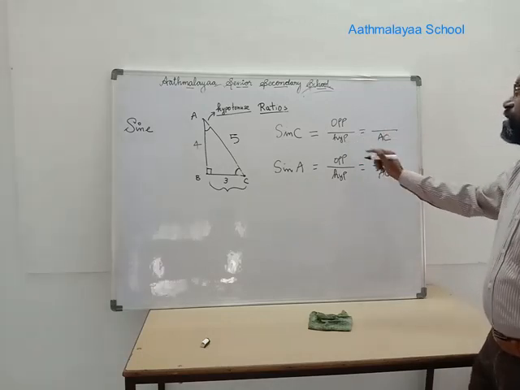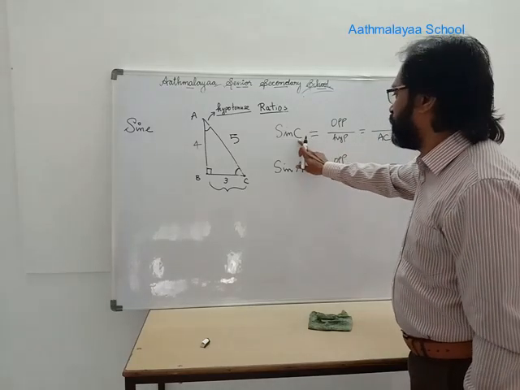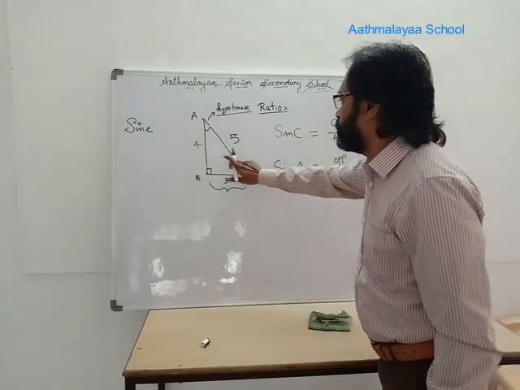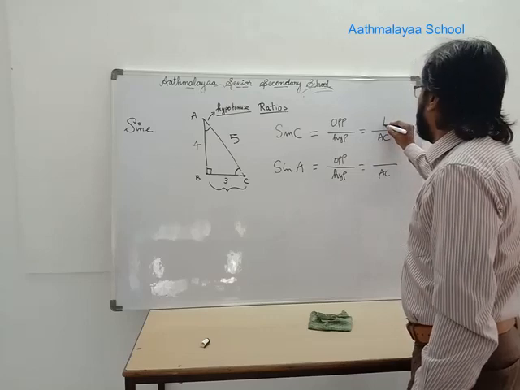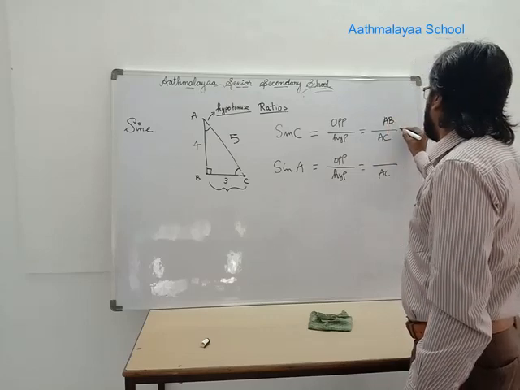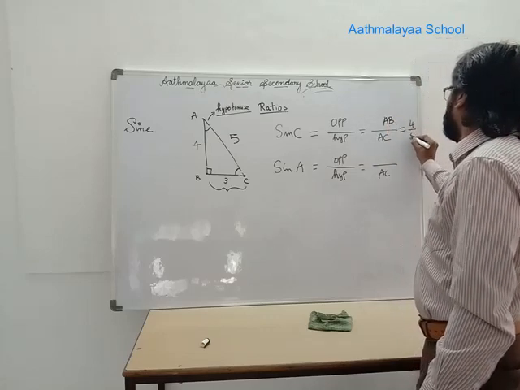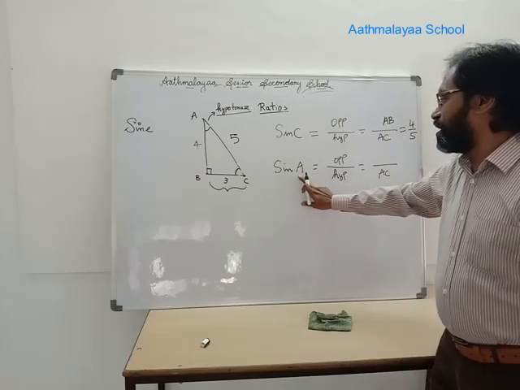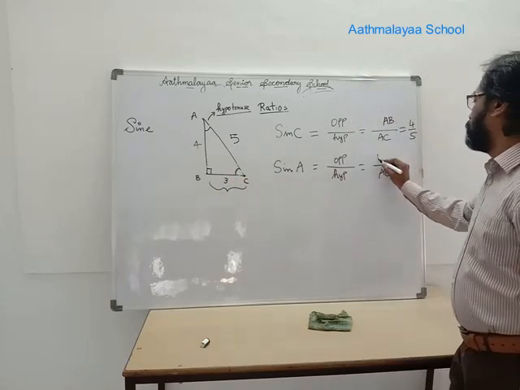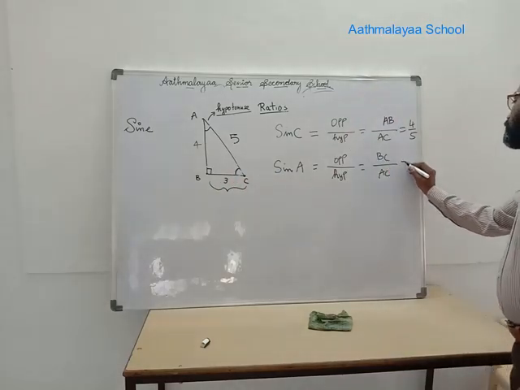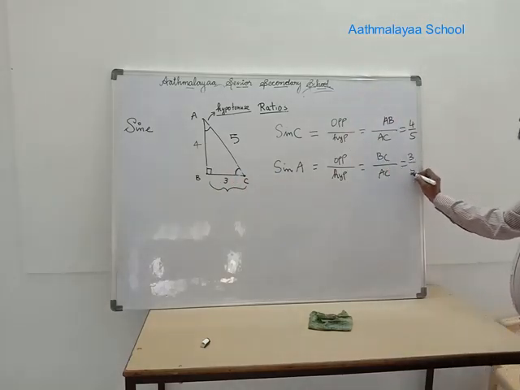What is different is, for angle C, the opposite is AB, which is 4, so it is 4 by 5. For angle A, the opposite is BC, which is 3, so BC by AC is equal to 3 by 5.